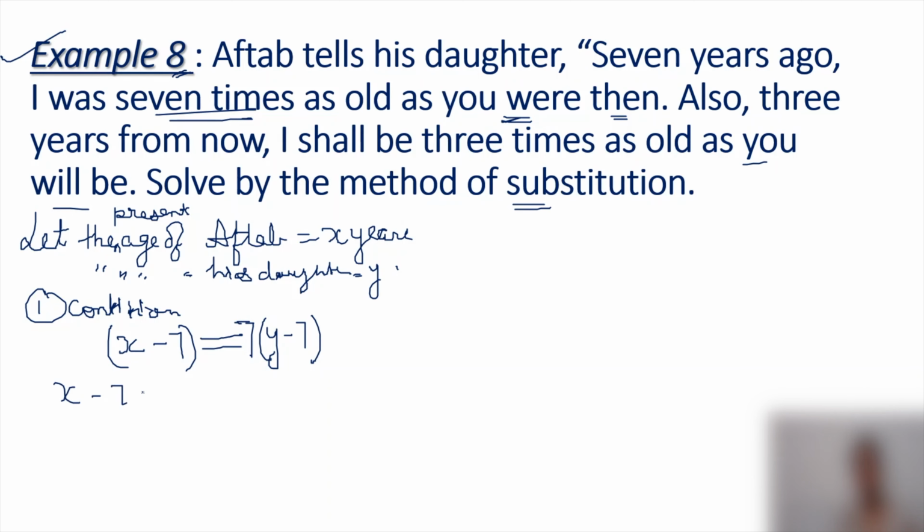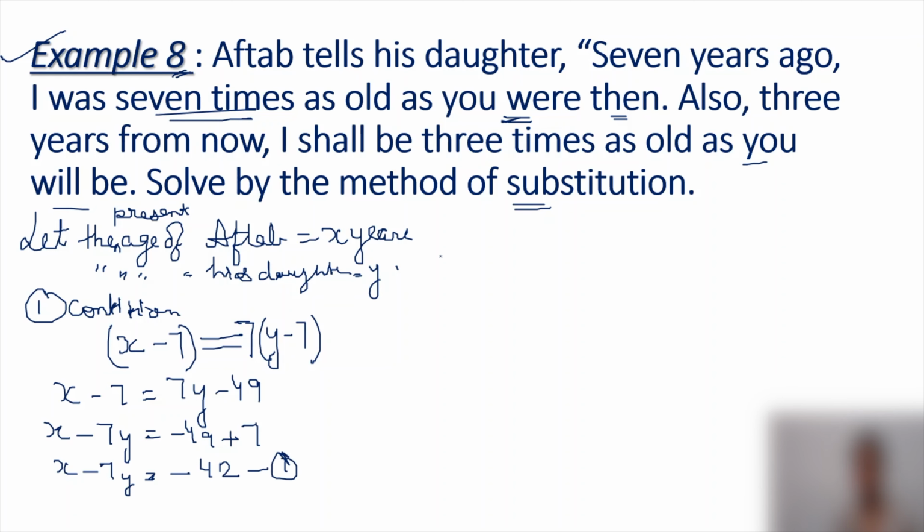x minus 7 is equal to 7y minus 49. That is x minus 7y is equal to minus 49 plus 7. x minus 7y is equal to minus 42. This is first condition. Now second condition, it is given that after 3 years from now he will be 3 times the age of the daughter.